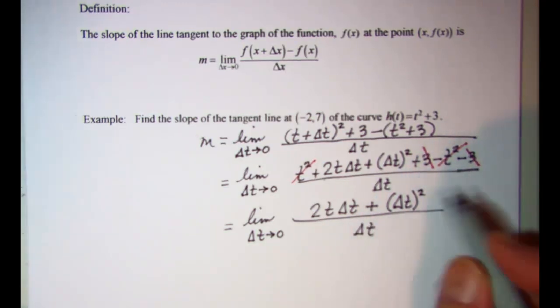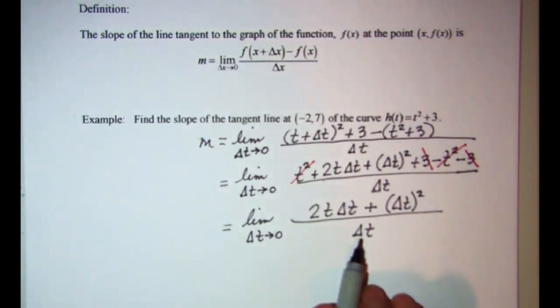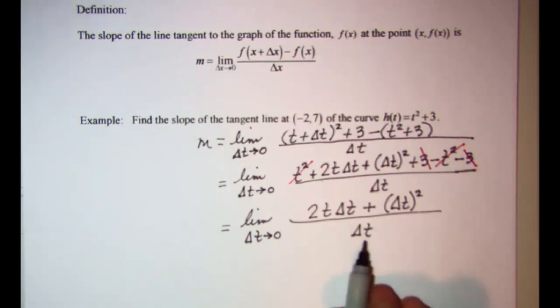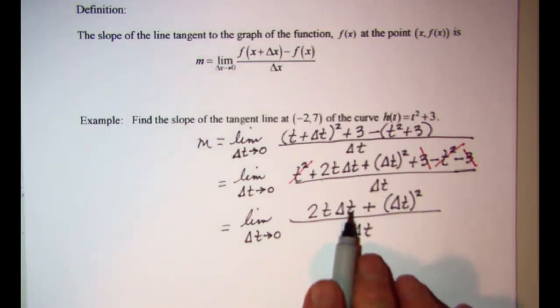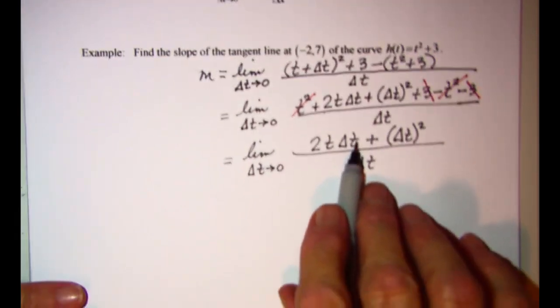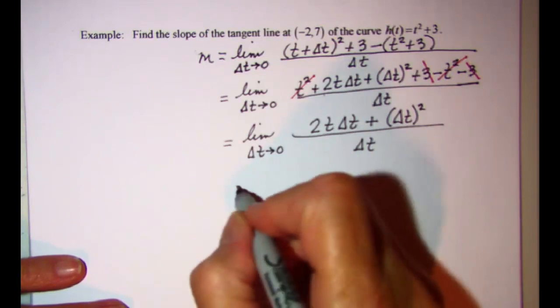So again, what I'd like to do is be able to cancel out this delta t that's in the denominator, because as delta t approaches 0, that causes a problem. But as you can see, we have a delta t in both terms in the numerator, so I can factor that out.